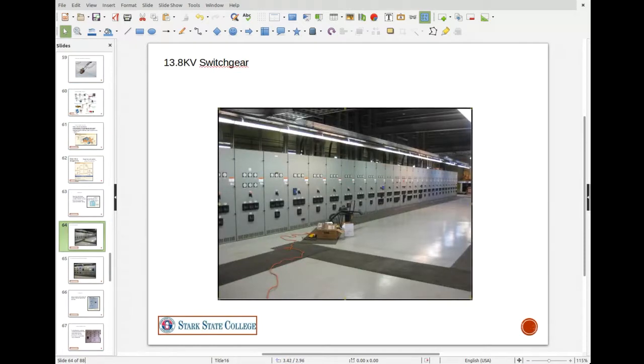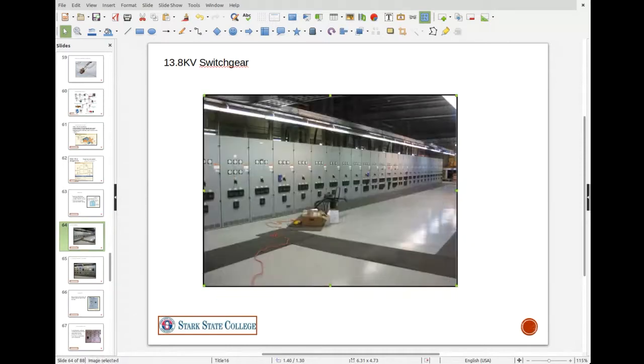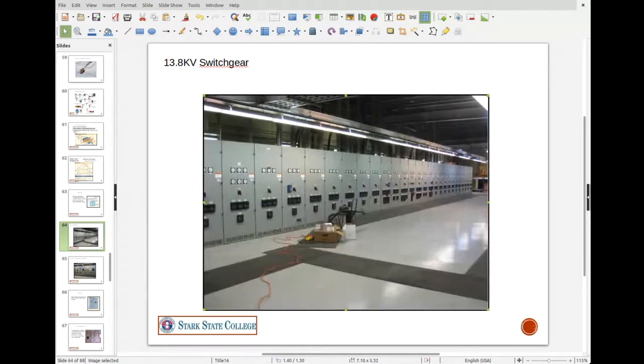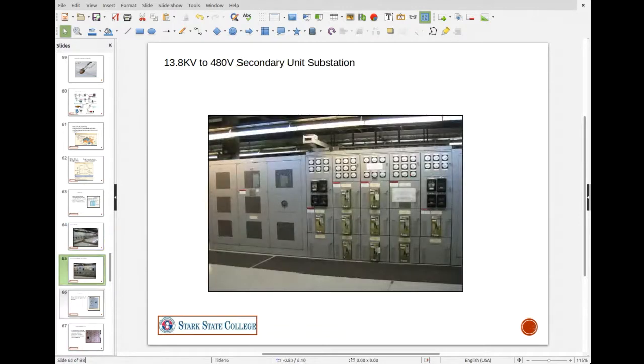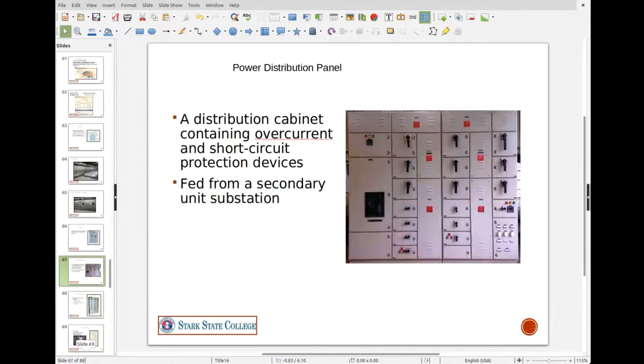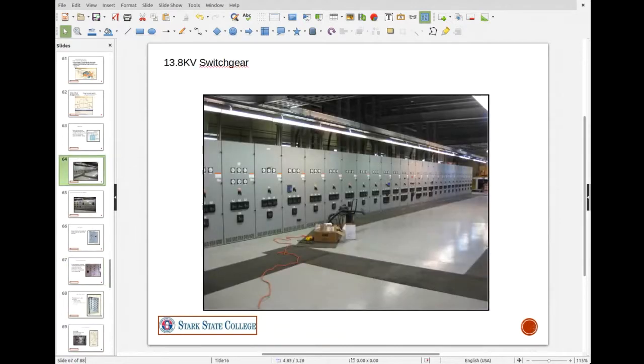Switchgear, and we have a whole class on switchgear, which, depending on which program you're going through, you may be required to take or not. But switchgear talks about how you handle something coming into here. Like this one here, it says 13.8 kV switchgear system.